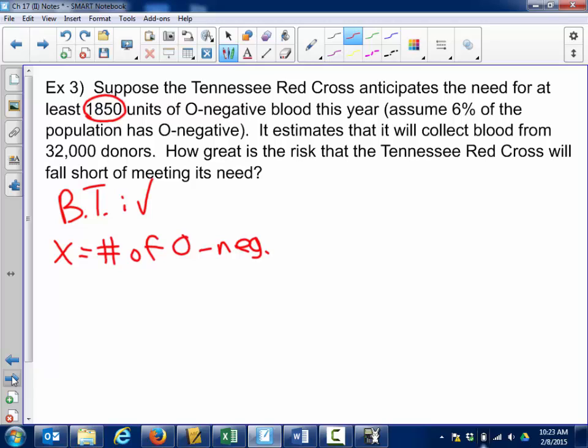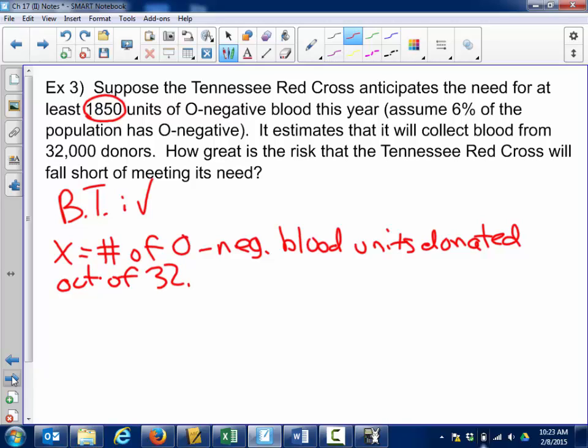So if x equals the number of O negative blood units donated out of 32,000 donors, then what they're really wanting us to find, how great is the risk that we don't meet the 1850?